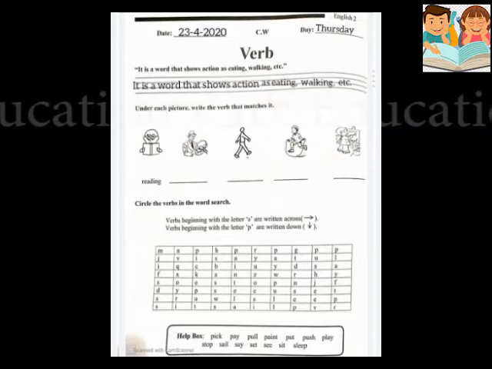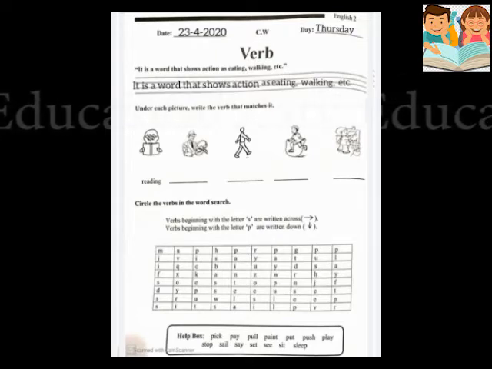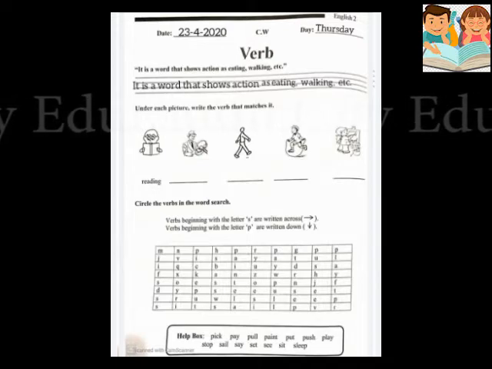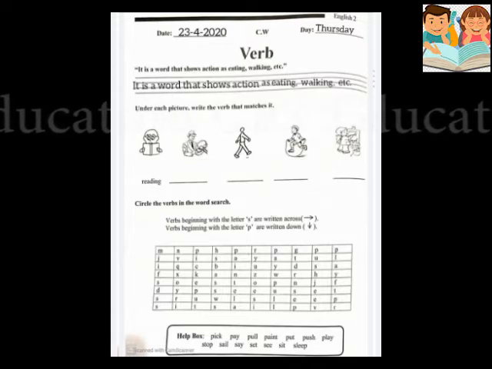Okay. So now look at these pictures and write the verbs that match them. Like the first is reading, and the next, what did you see in this picture? Yes, someone is driving, so you will write here below the picture, driving.